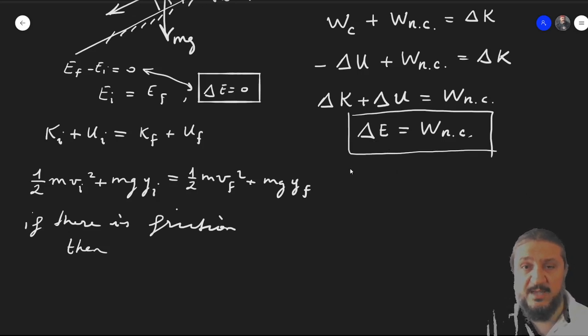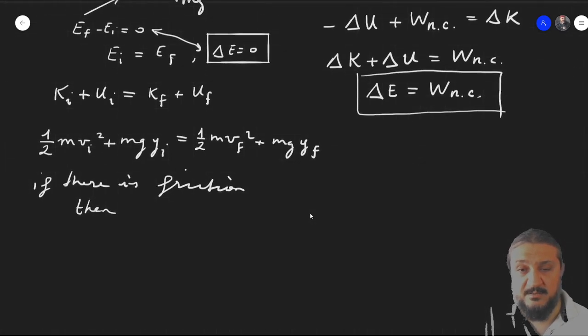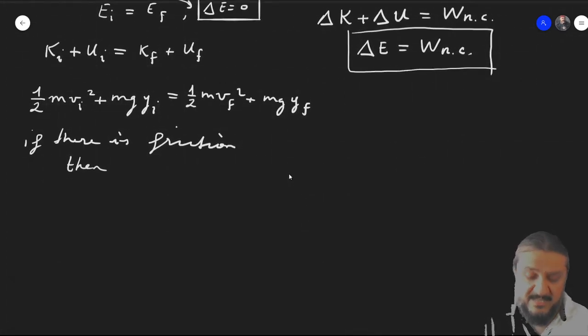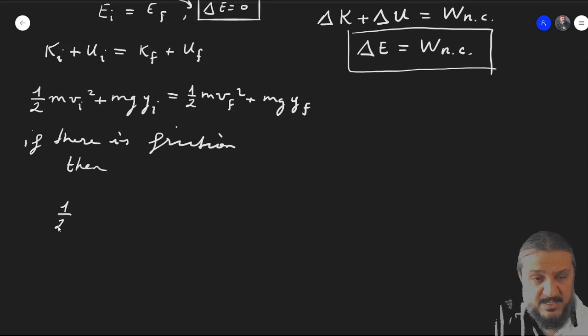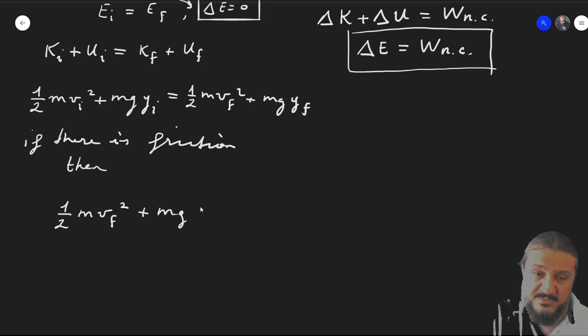So going back to this problem, for instance, of an object sliding down, or many problems like that, same idea, you can write it like this. 1/2 mv final squared, that's final K, plus mgy final.